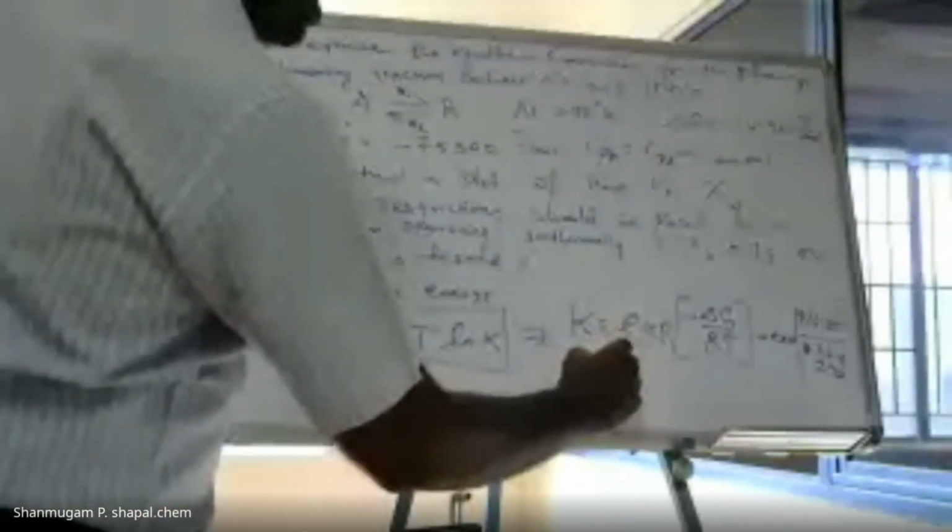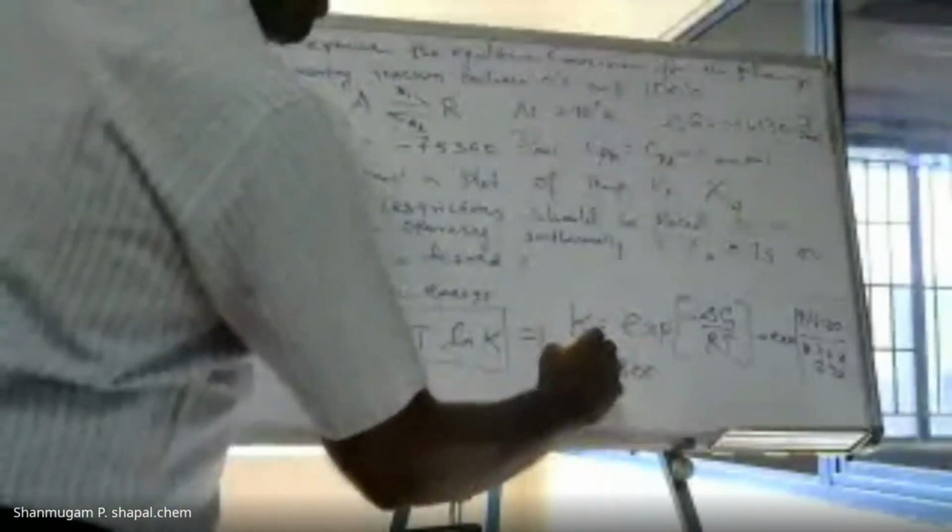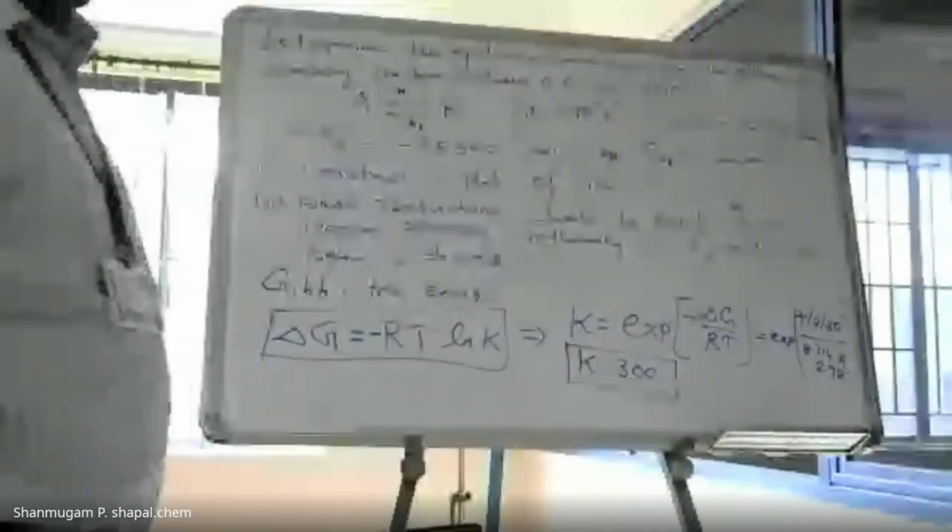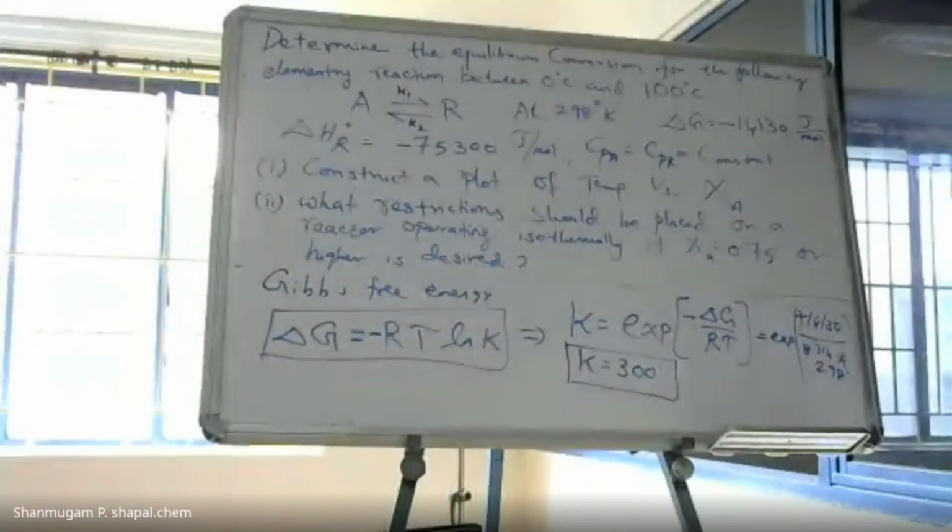If you substitute that, you will get the actual value, 2.8 degrees. That is very important here. We already have a negative sign, and the negative sign with a negative sign will be a plus sign. So this K value will be approximately 300. 300 is the K value from this particular Gibbs energy.